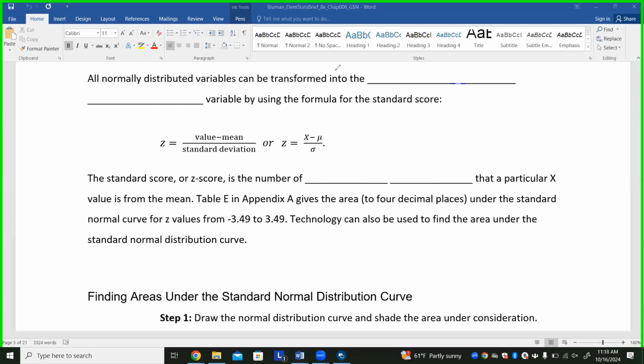All right, so all normally distributed variables can be transformed into the standard normally distributed variables by using this formula for the standard score.